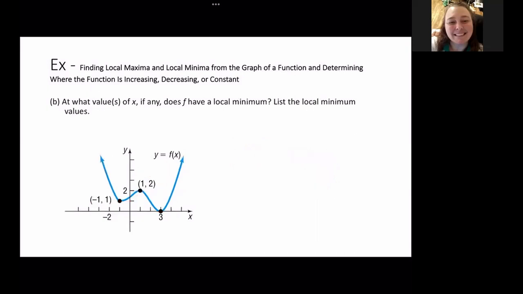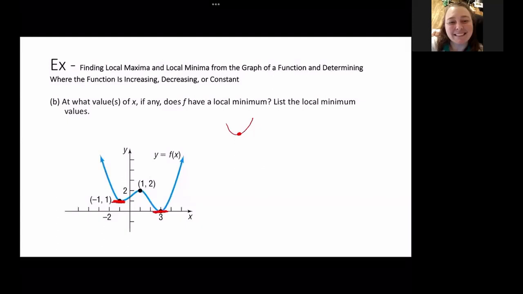Let's move on to B and find where the local minimum is. Again, we've got those 3 points, and for minimums, remember, we're looking for the bottom of the bowl. Here we've got a dip at the bottom of the bowl, and we've got a dip at the bottom of the bowl here.